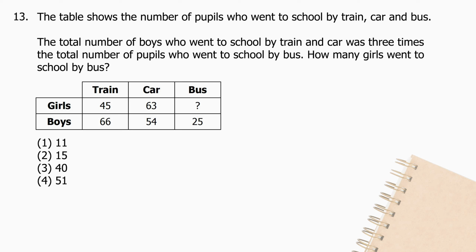Question 13. The table shows the number of pupils who went to school by train, car, and bus. The total number of boys who went to school by train and car was 3 times the total number of pupils who went to school by bus. How many girls went to school by bus?